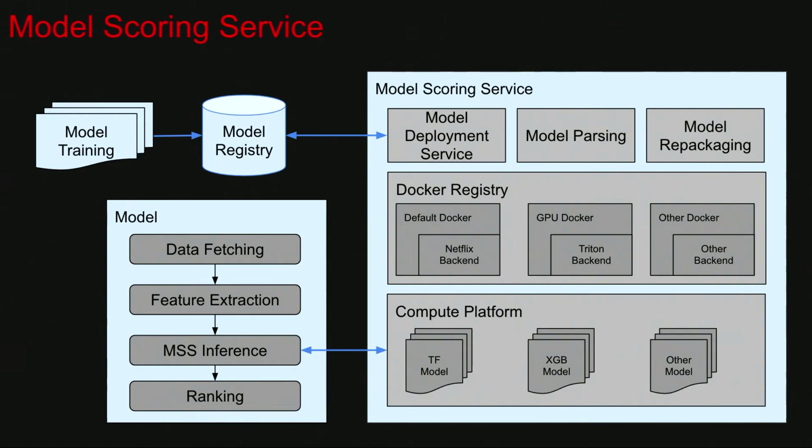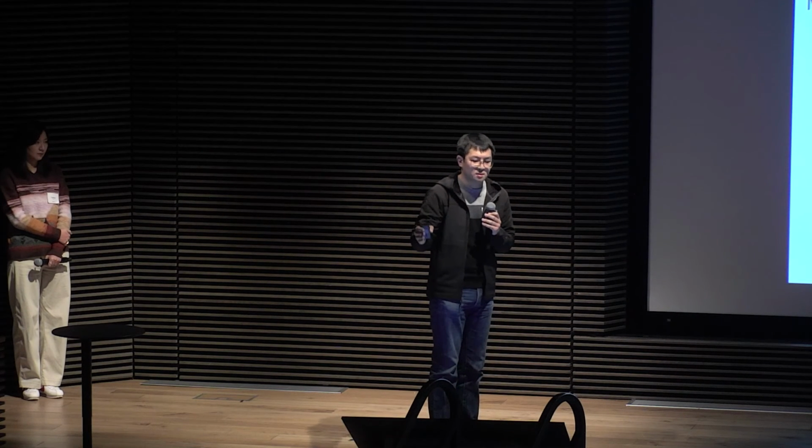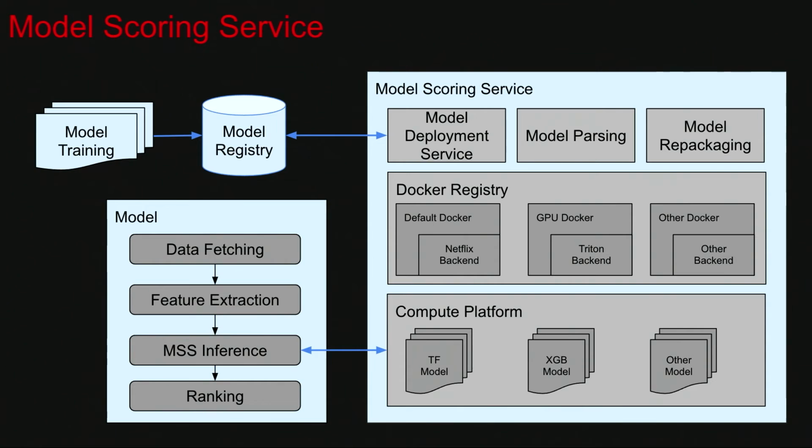So this is the new flow where the model scoring service is involved. You still have your training, you have the model registry, you register a model into the registry, but now you have an additional step where you can say, for this model, I actually want it to run with the model scoring service. We have the whole service there to help you do that.